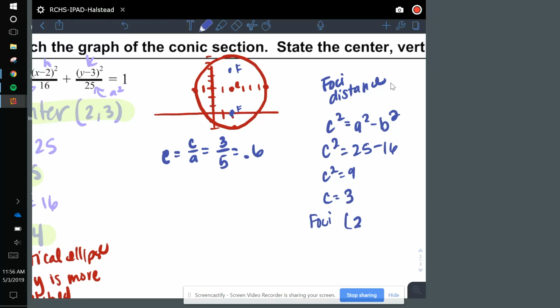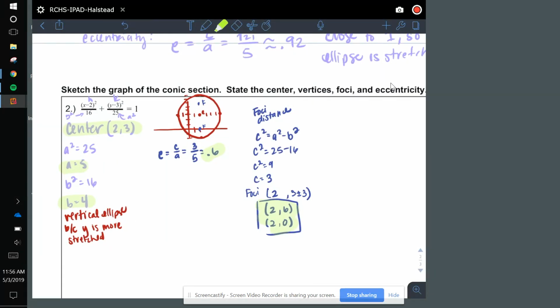So the center is 2, 3, and then I change in the y direction, so I'm plus or minusing 3. So I have 2, 6, and 2, 0 as my focal points. Okay, so that's it.